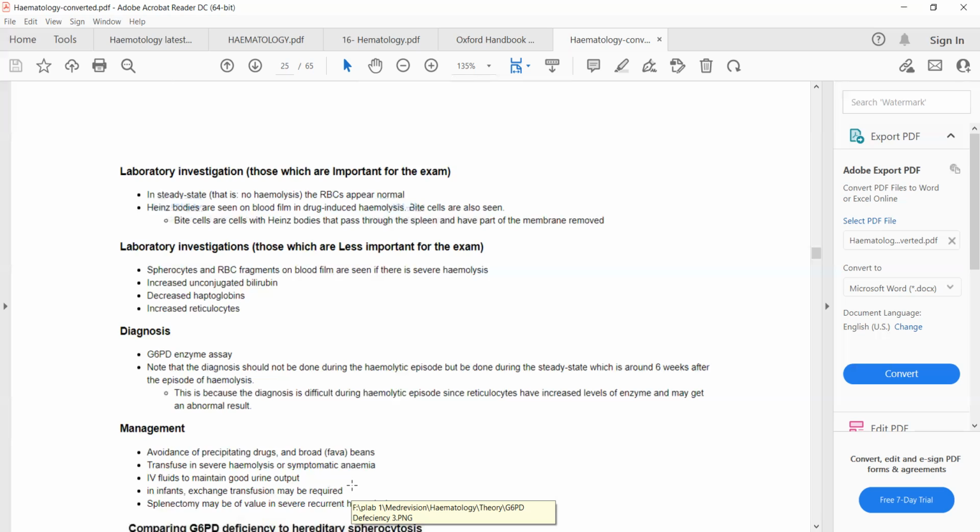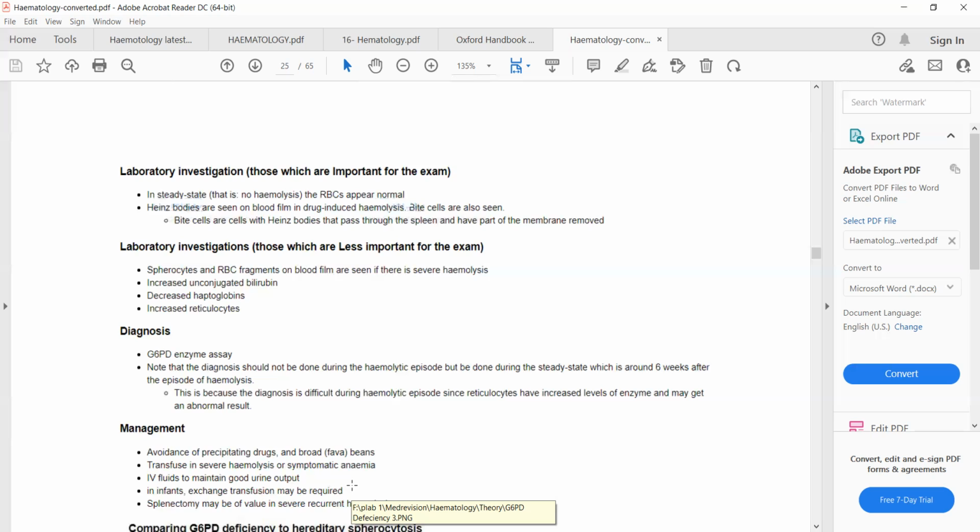What happens in hemolysis is that there is increased RBC breakdown. So increased RBC breakdown will release an increased amount of hemoglobin, which will be converted into an increased amount of bilirubin. So the bilirubin is more than the capacity of the liver to conjugate. So though conjugated bilirubin will also be increased, unconjugated bilirubin is increased more than the conjugated bilirubin because of increased formation of bilirubin.